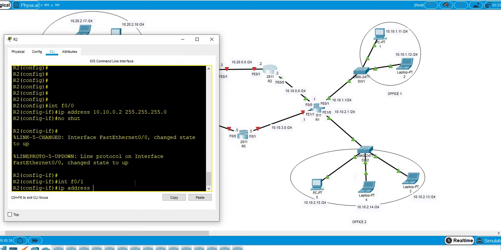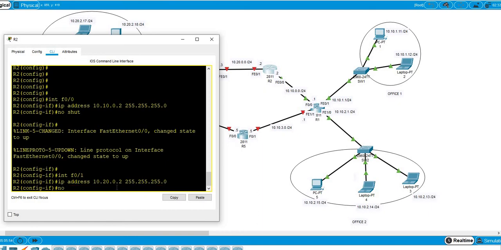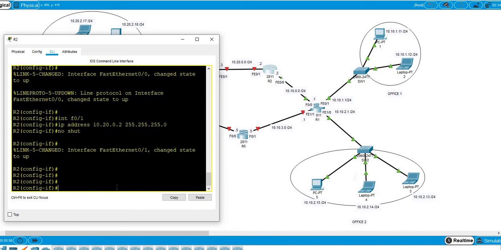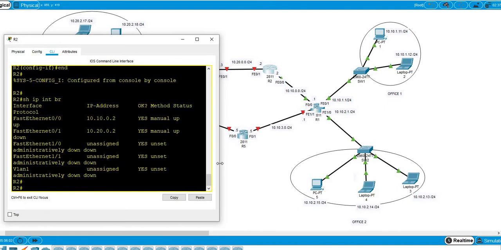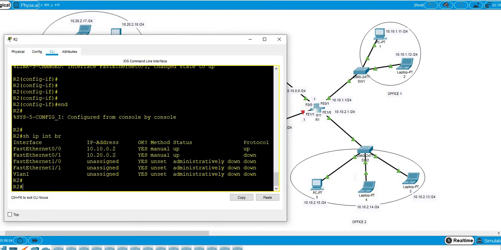IP address 10.20.0.2, subnet 255.255.255.0. No shutdown. Show ip interface brief. Let's verify and see what we have configured on router 2. That's good. We have both interfaces configured with IP addresses.